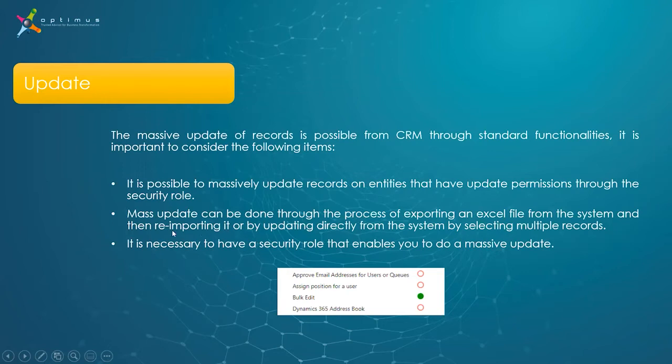You could modify records directly in the CRM massively, or you could modify records using an Excel file again. I'm going to be showing you both ways to do it. My suggestion is to do it directly with an Excel file. Basically, the reason is that the risk is lower.